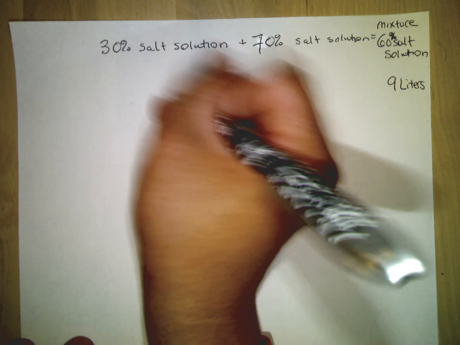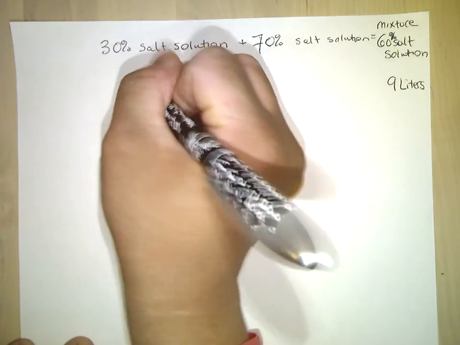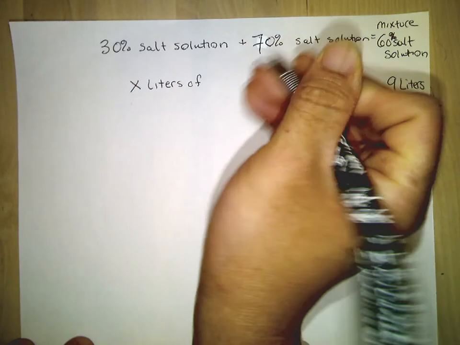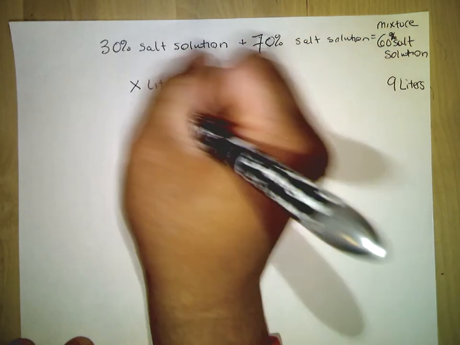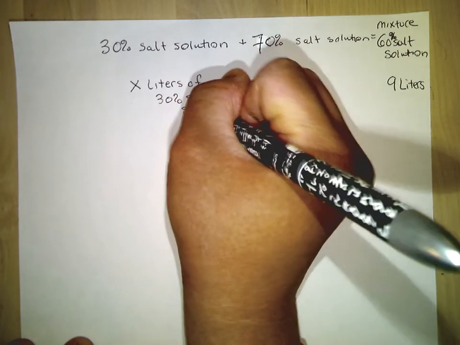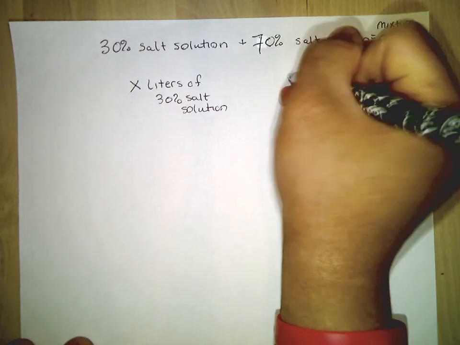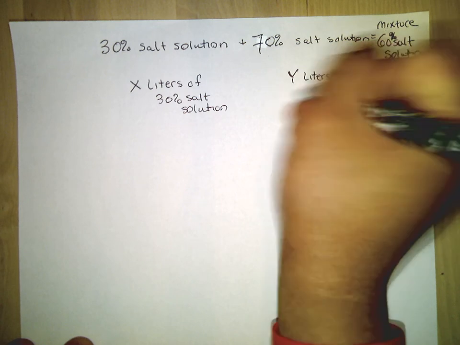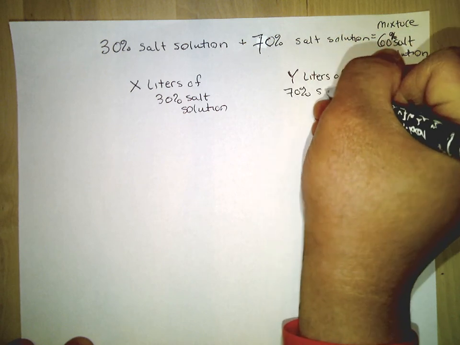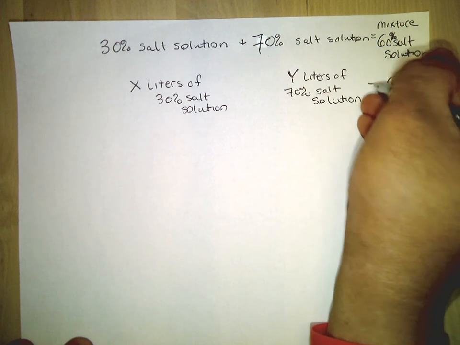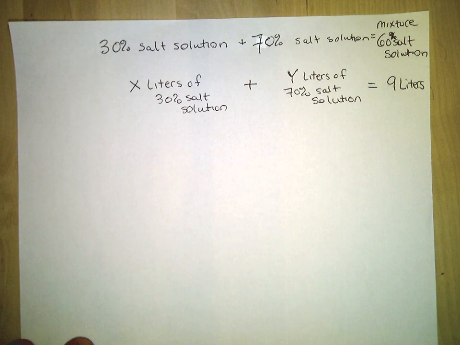So let's say that there were X liters of the 30% salt solution, and that there were, say, Y liters of the 70% salt solution. So X plus Y is 9.